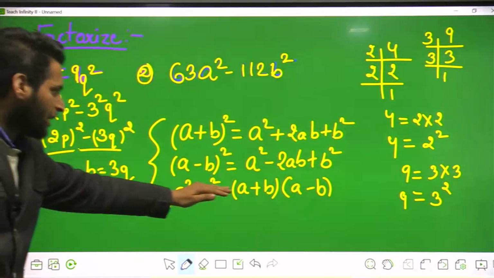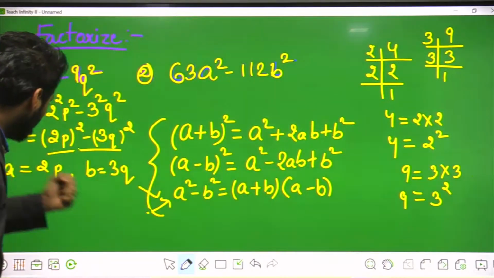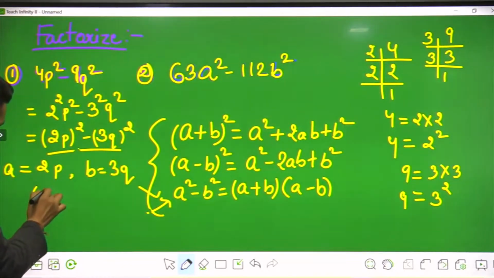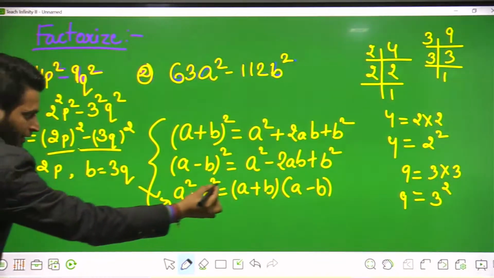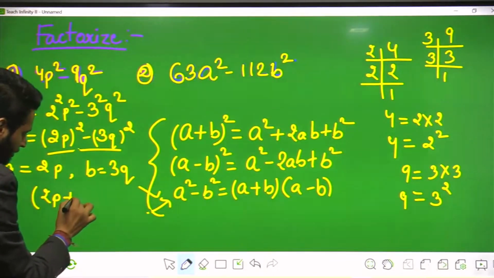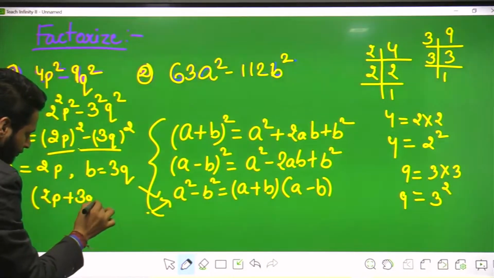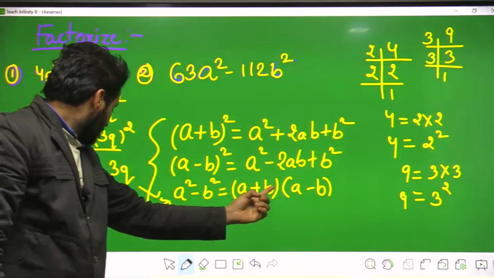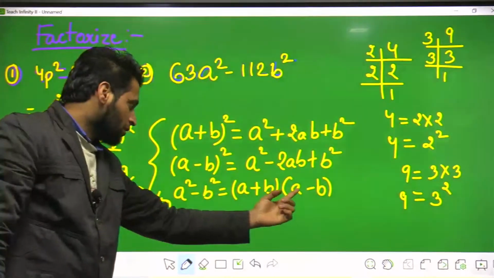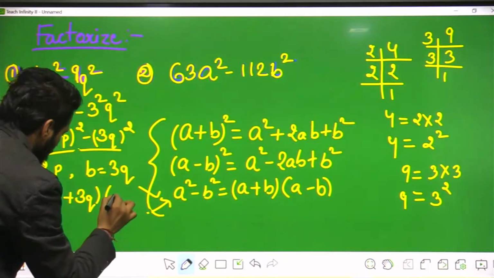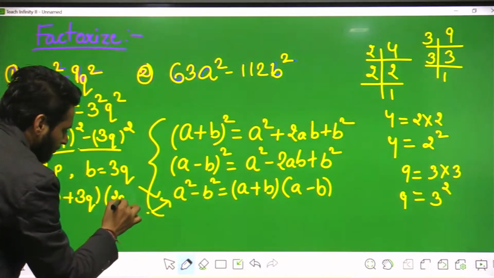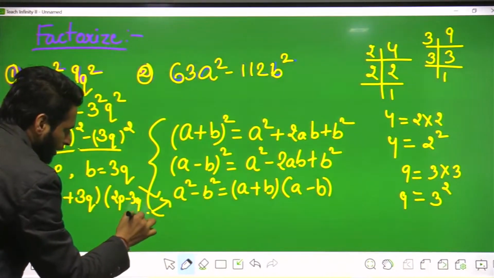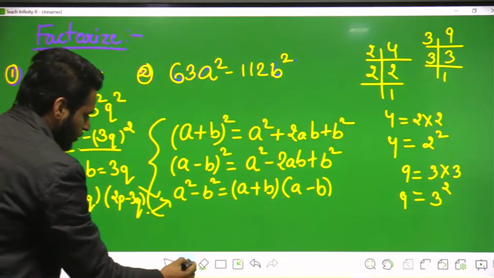So the result is a plus b, that's why we will write here 2p, there is a plus sign, so we will write plus 3q, and then just like that we will write a minus b, 2p minus 3q.